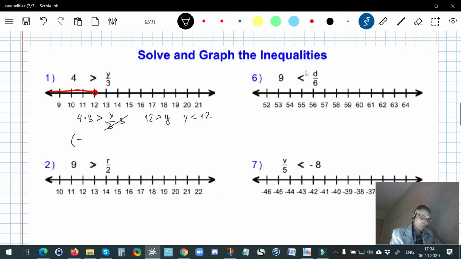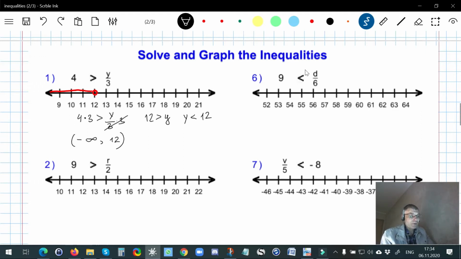It's from negative infinity to 12, open interval. That side with infinity is always open, as we stressed many times. But the side with 12 can be open or closed. In this case it's open because we don't have an equality sign here. If we did, it would have been closed.